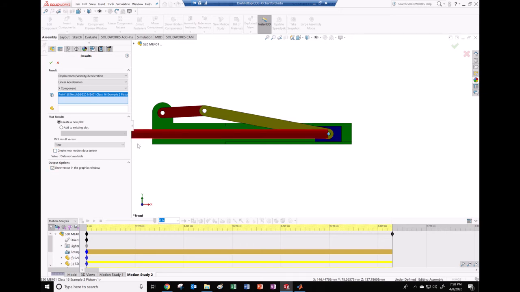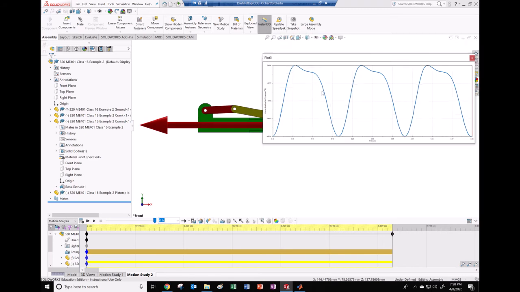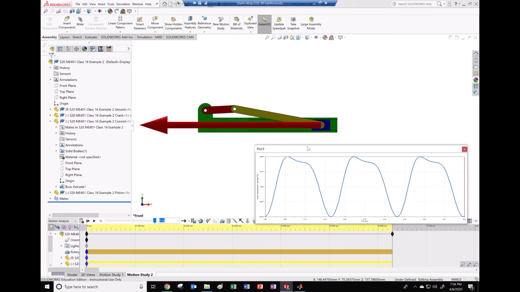I was going to make a big old vector. I think that's everything we want to do. Interesting looking plot. Interesting with the little thing going on to it.